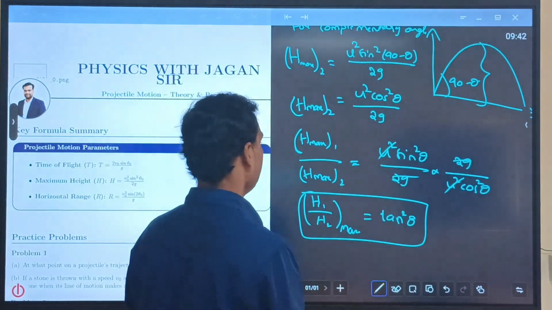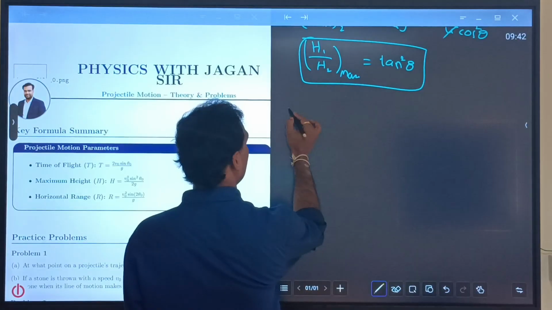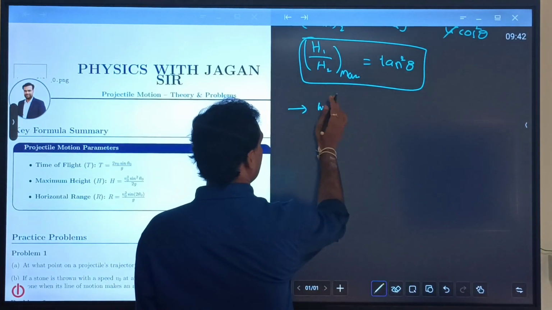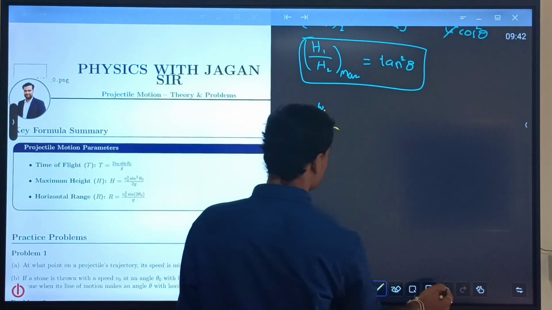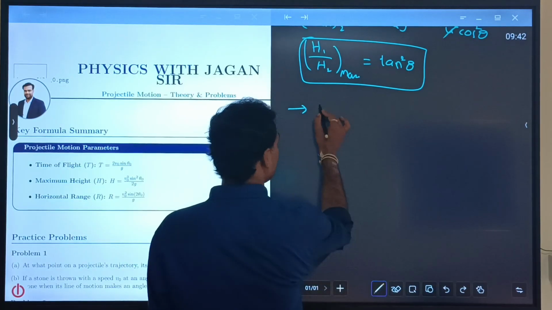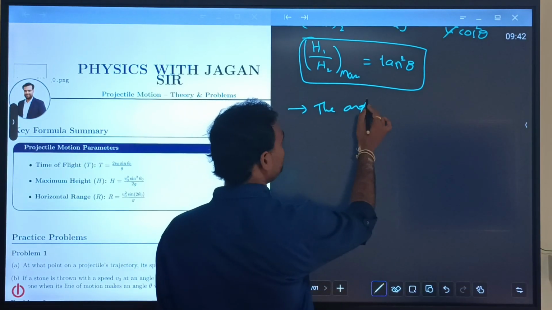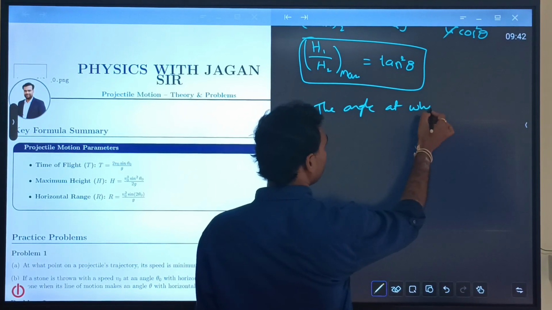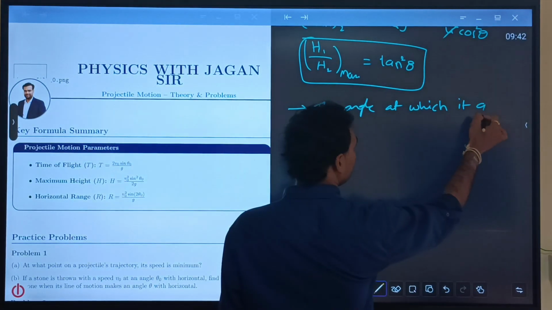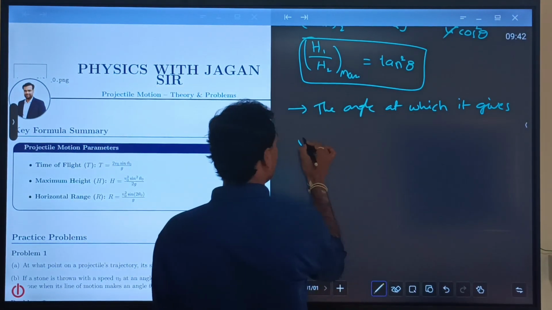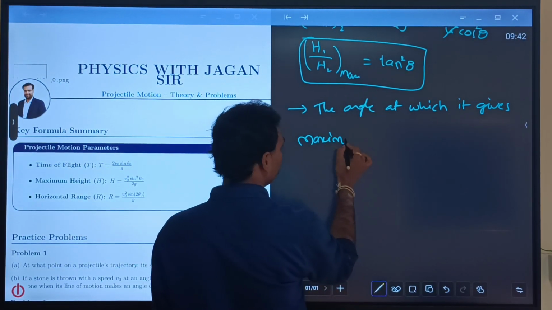Now let us go for the third case of the maximum height. What is the angle at which it gives the maximum value?